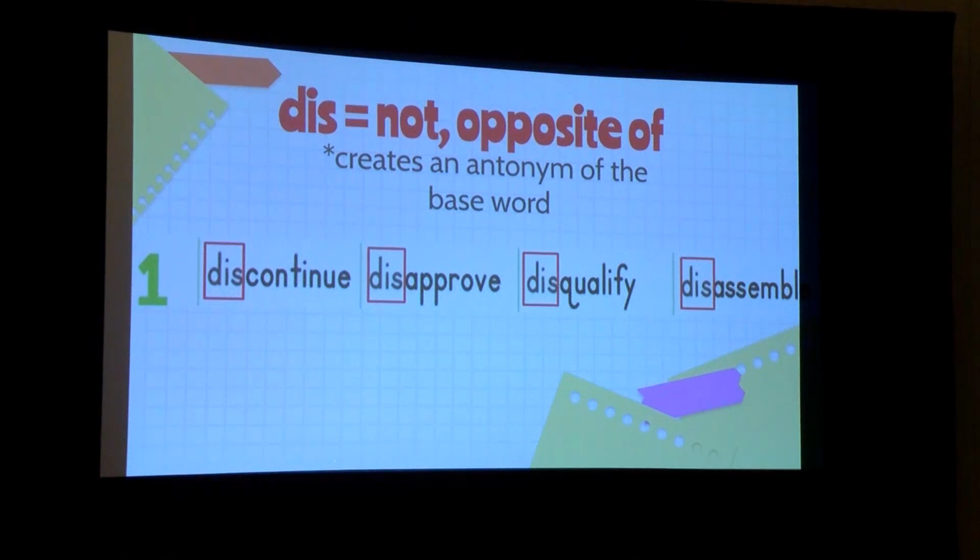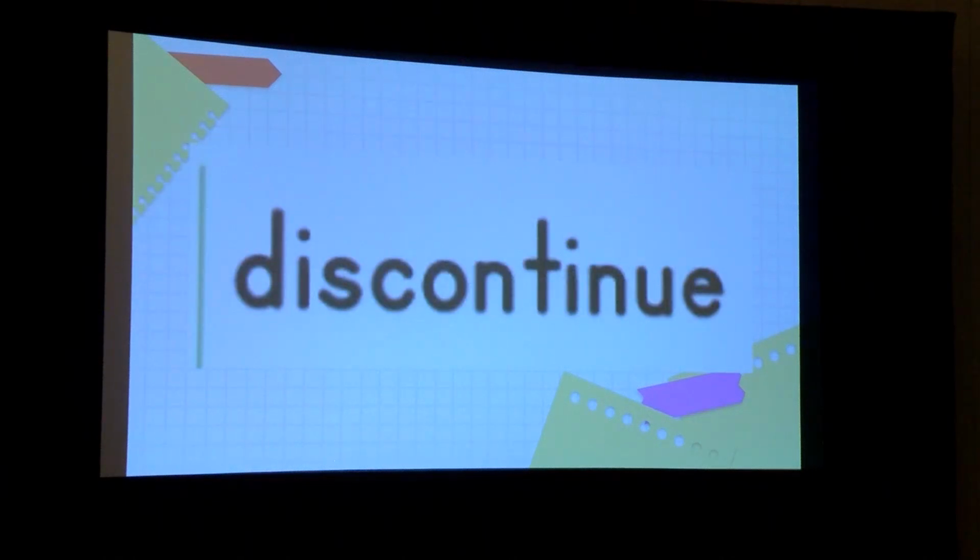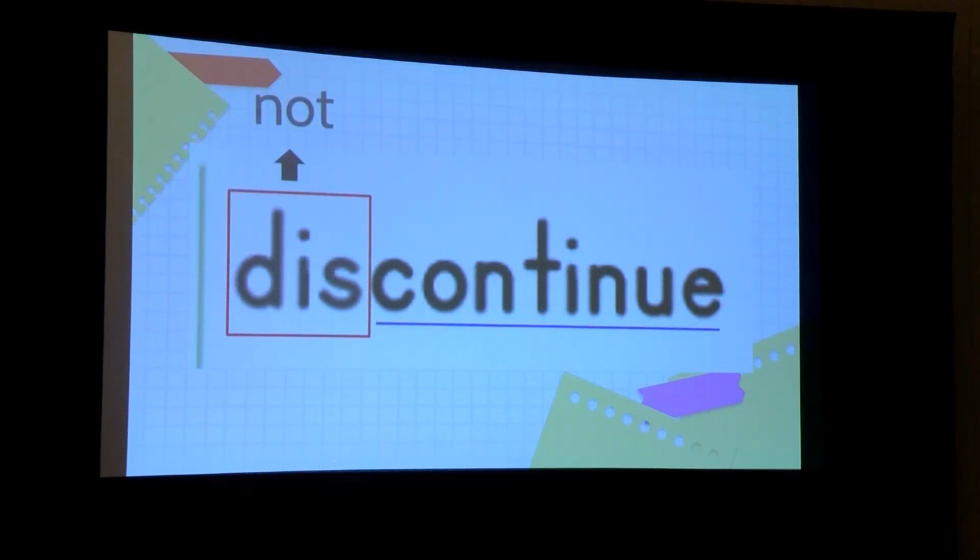I'm going to break it down even further, and we're going to start with the first word on that line, discontinue. We have already boxed the prefix. And we know that above the prefix, the meaning is not. So if you want to go ahead and write not right above there.